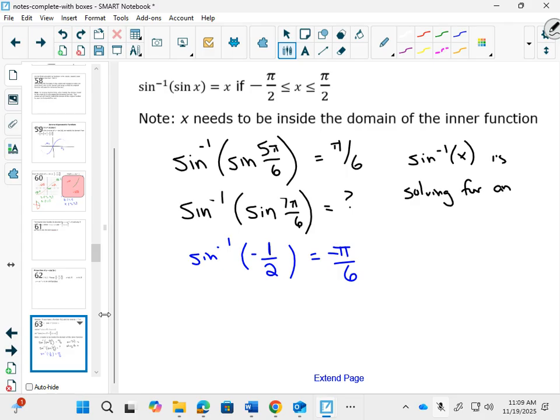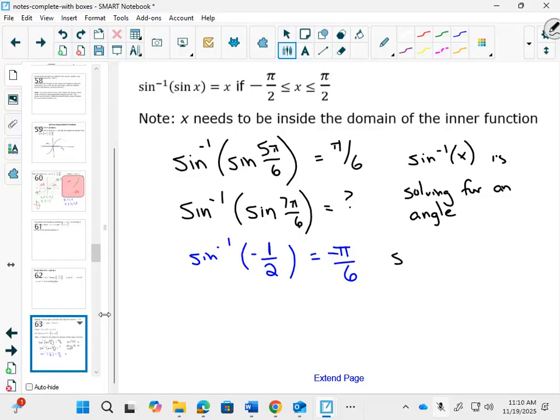So, first of all, just an idea. When you're doing a sine inverse, you're solving for an angle. When you're doing sine of something, you're solving for a ratio. So sine inverse, you've done that before. That solves for an angle.